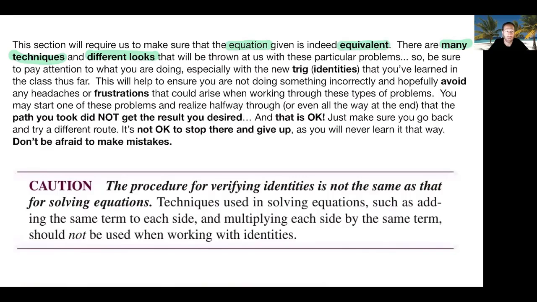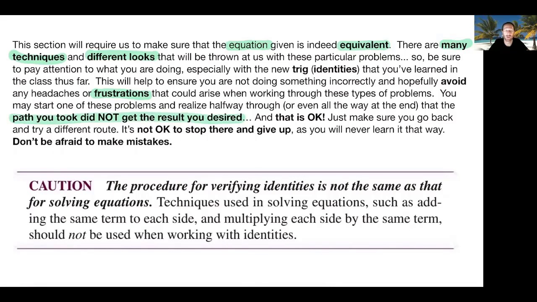So just try to avoid any mistakes of rewriting those incorrectly, because that could lead to frustrations on your part, when you were doing the algebra part correctly, but you just didn't write down the identity correctly, and that can be frustrating for sure.